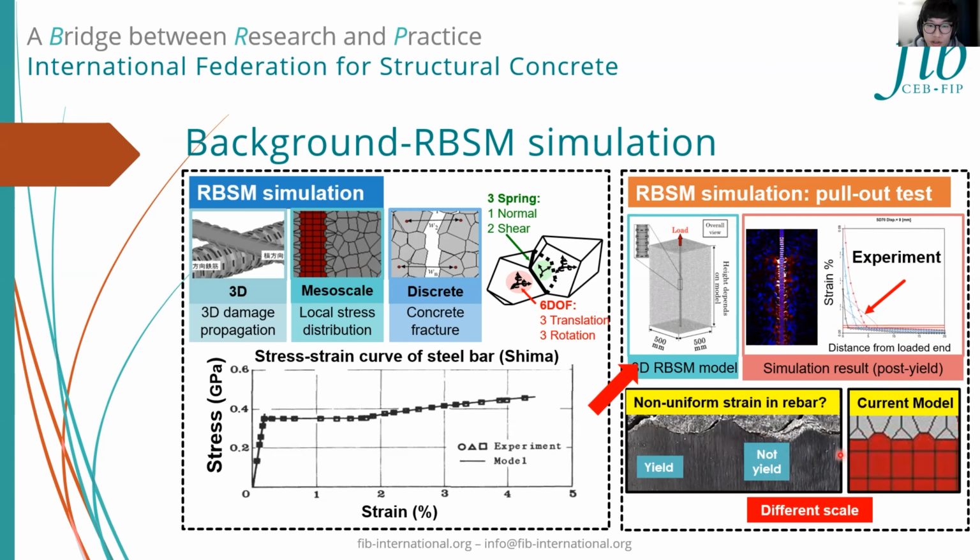But we don't have any facts to support our ideas. So firstly, I think we need to directly observe it in reality. Then it can support our idea to improve our RBSM model to further improve the simulation framework of pull-out behavior of the steel bar. That's our opinion, and why this research goes. Okay, fair enough. Thank you so much for your explanation.